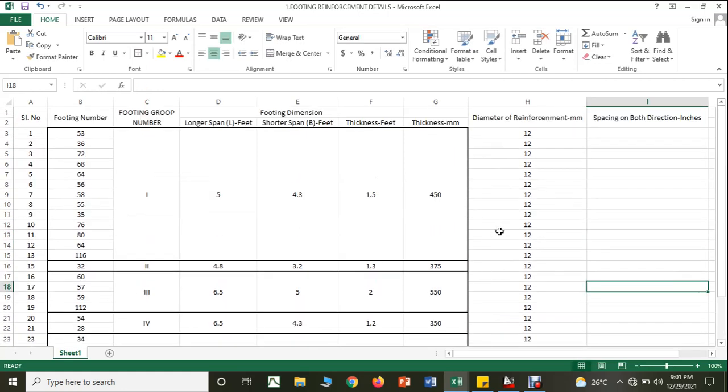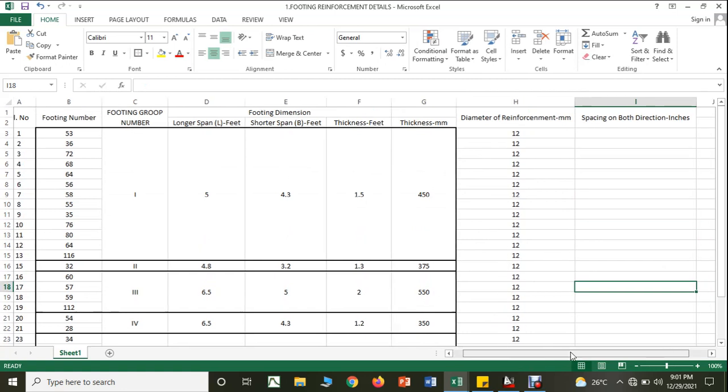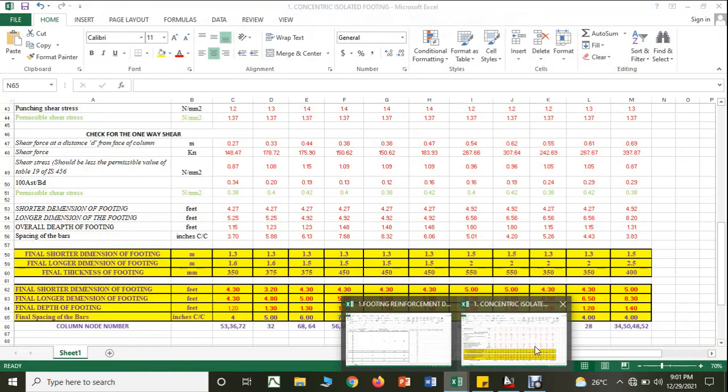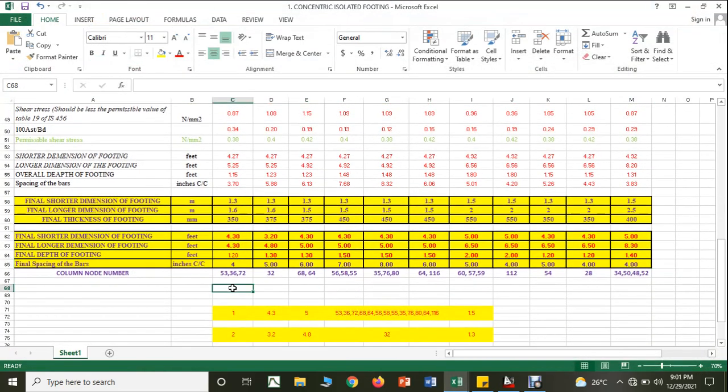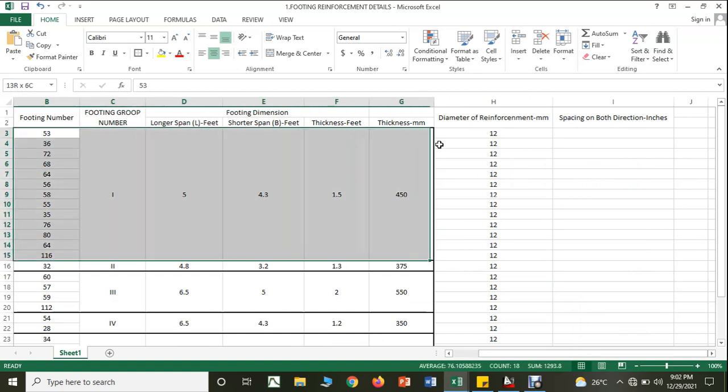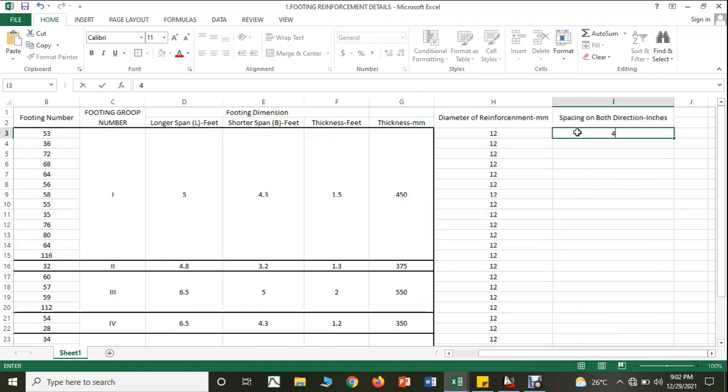Then I have to give the spacing in inches. What are the spacings I have given? Yes, so this is the first column, 56, 36, 72, spacing is 4 inches. So for these three, it is 4 inches.